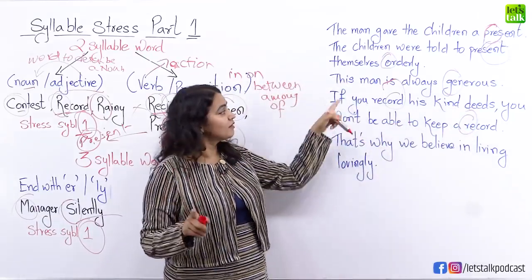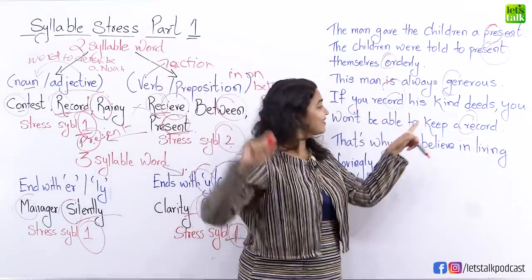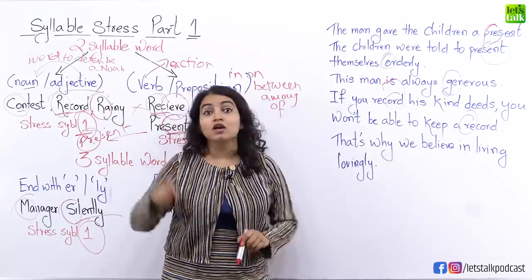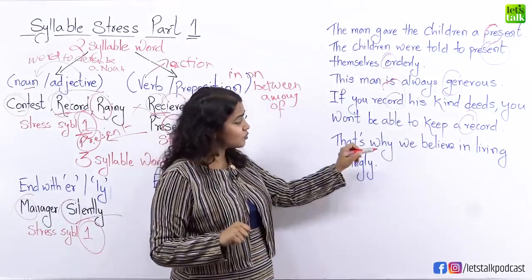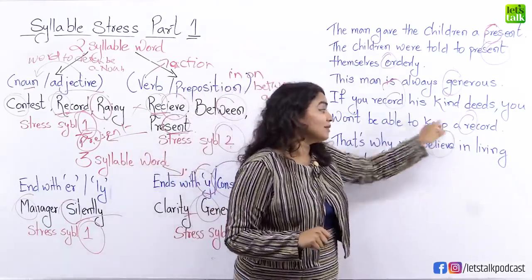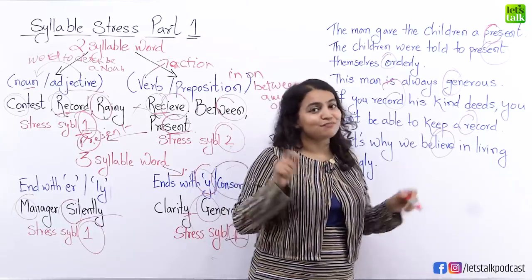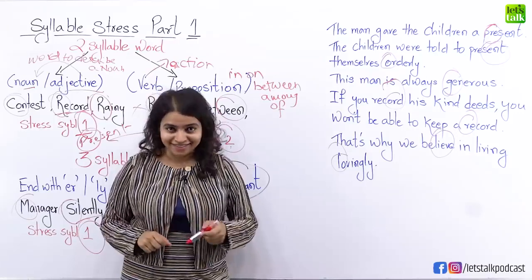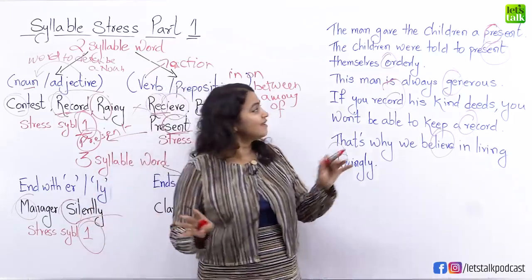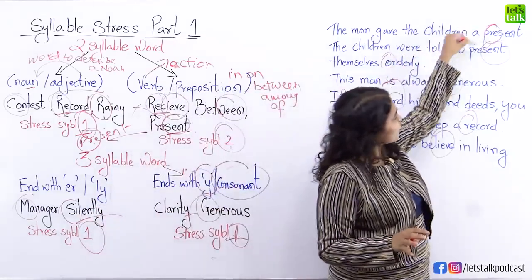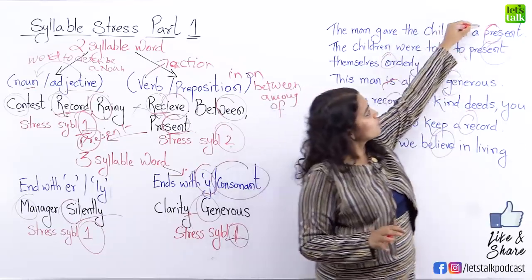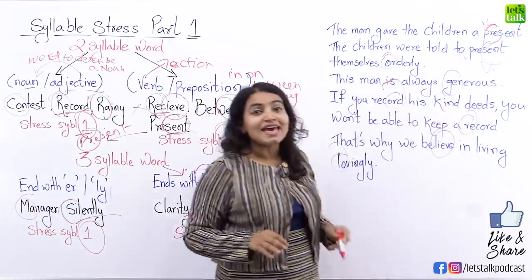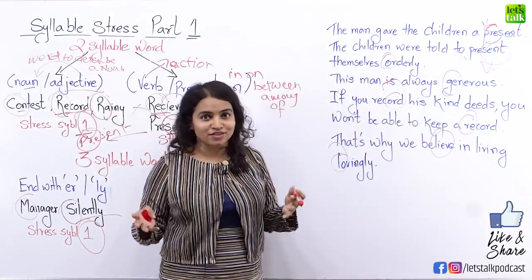Notice what I did here. If you record his kind deeds, you won't be able to keep a record. That's why we believe, not believe, but believe in living lovingly. As you can see, both these words are similar, but over here this happens to be a noun, over here it happens to be a verb, and therefore the pronunciation changes.